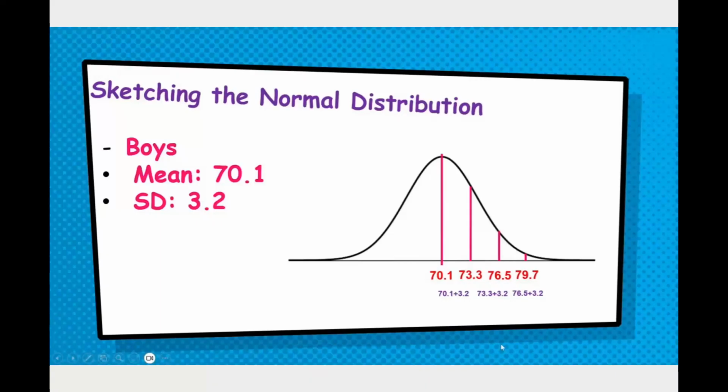We should be able to look at this, because this is talking about boys, and our maximum boys height was 78 inches. So look at this in terms of likelihood and chance. How many people in the population have a height like that?